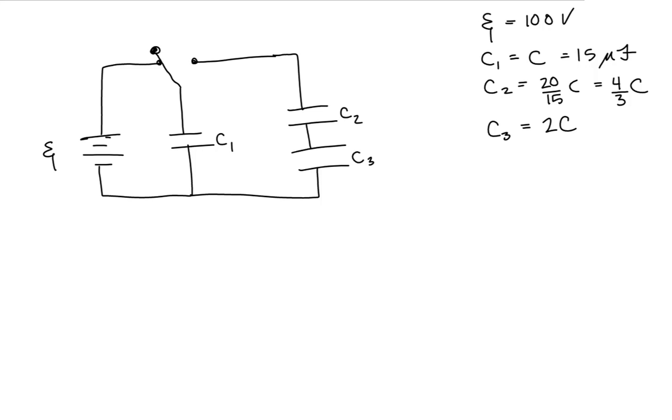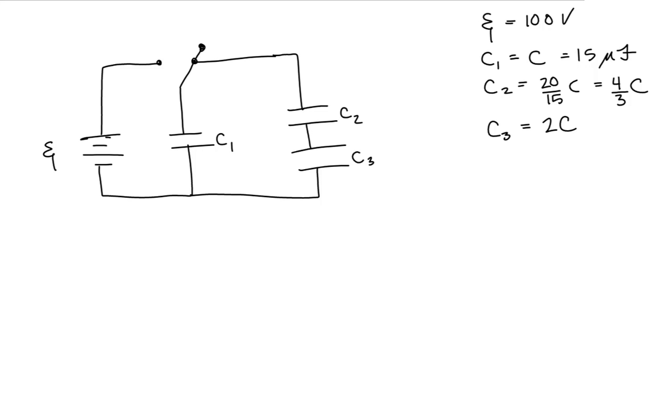I'm trying not to say too much because I want you to offer me some information. But after capacitor C1 is fully charged, we then flip the switch, and now capacitor C1 is attached in series to capacitors C2 and C3.